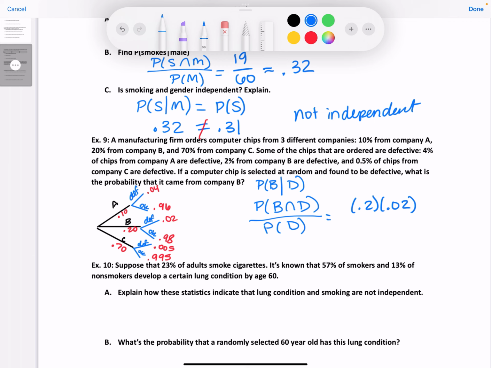Now the probability of defective, we have to do all the defective ones. So we have to multiply each company's percentage of how many chips they made times the ones that were defective. So this would be over 0.1 times 0.04 plus 0.2 times 0.02 plus 0.7 times 0.005.